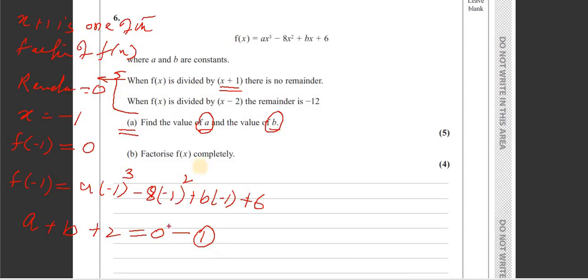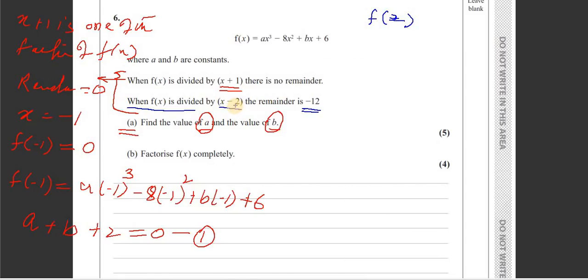Remember, we are finding values of a and b, two unknowns, so we need two equations. One equation we have written here. Now for the second equation, we are given the second condition. In this second condition, they said that when f of x is divided by x minus 2, the remainder is minus 12. Meaning, if you do f of 2, why am I writing f of 2?